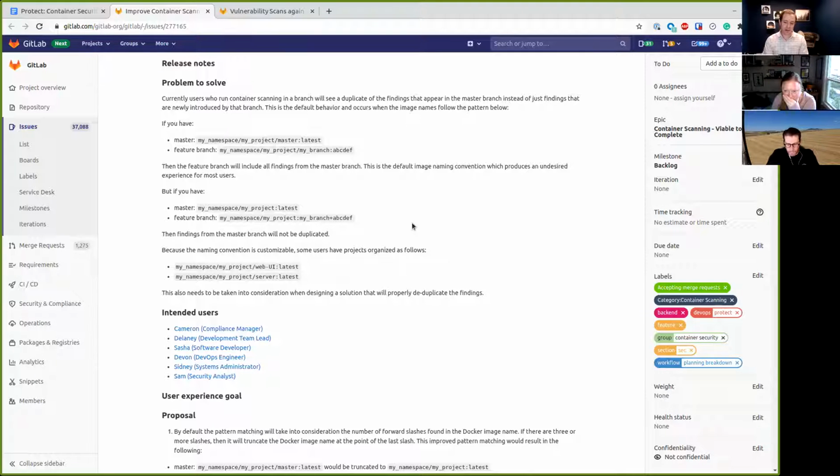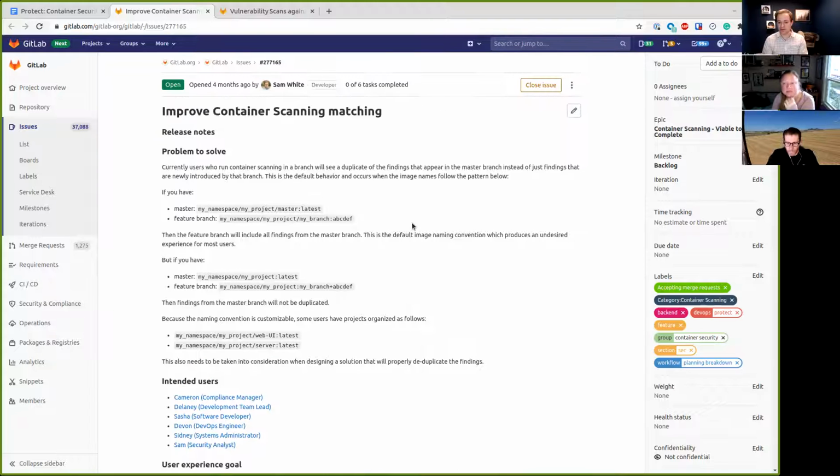Just for anyone watching, maybe it's worth giving a quick overview. Right now, the container scanning engine is difficult to use for certain customers because of the way that it matches vulnerabilities.